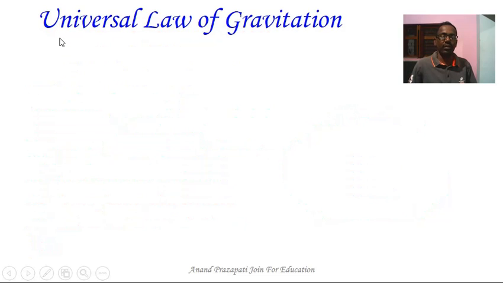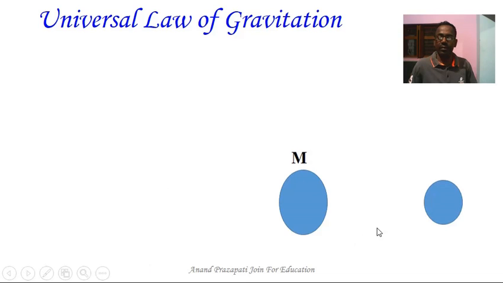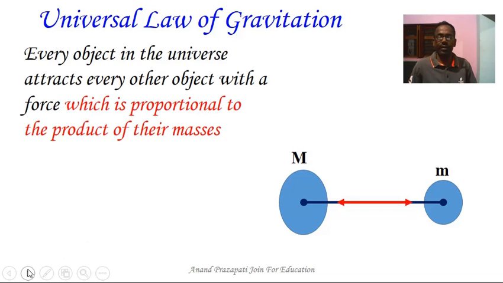Now we try to get an idea about the universal law of gravitation. There is a body of mass M. There is another body of mass small m. The distance between M and m is d.